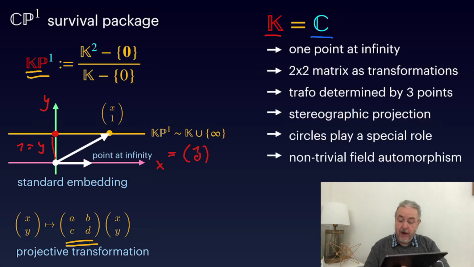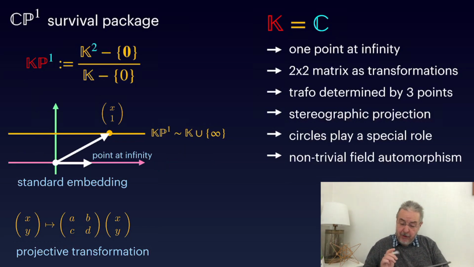And there is one last point I will talk about. Over the real numbers, we have seen that there is no non-trivial field automorphism, but this is no longer true for the complex numbers, and I want to show you what this non-trivial field automorphism means geometrically.